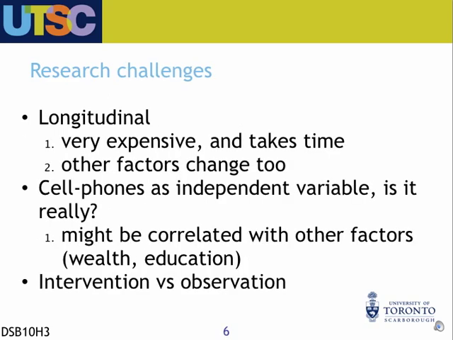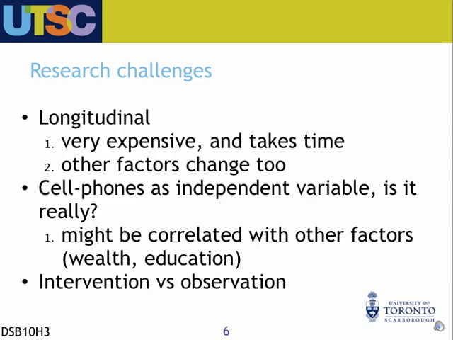Typically, there's two different ways of doing research, because usually you want to be able to compare some data points. If I just tell you right now 40% of the population in the country has cell phones, that in itself is not very interesting.